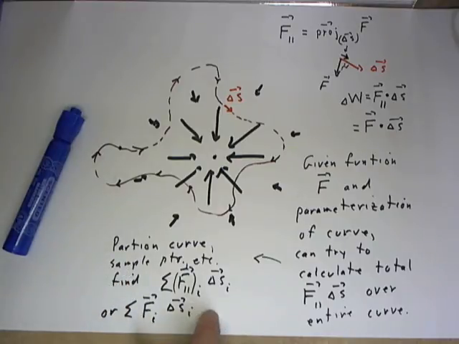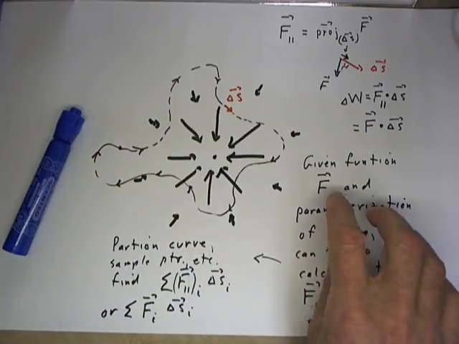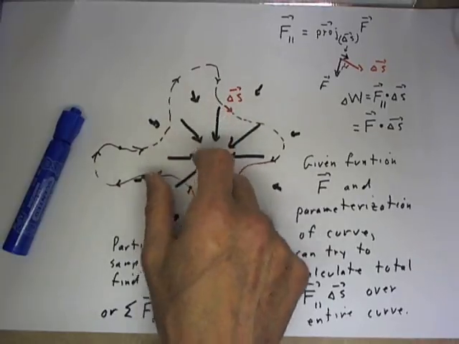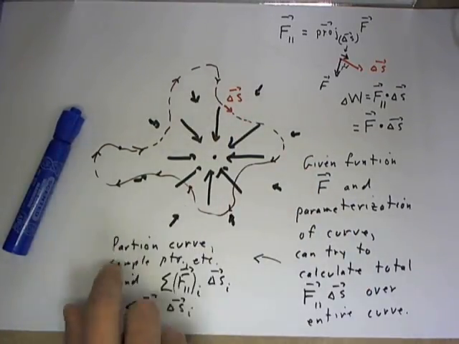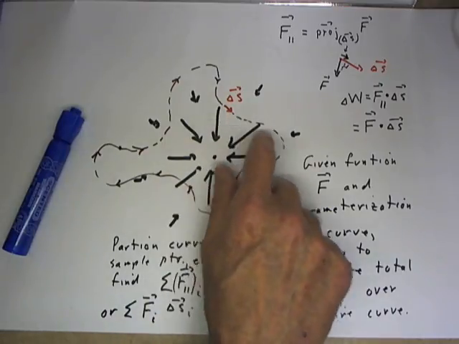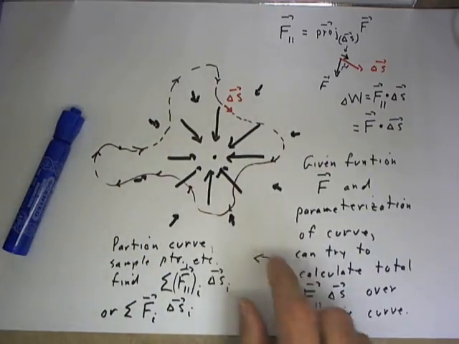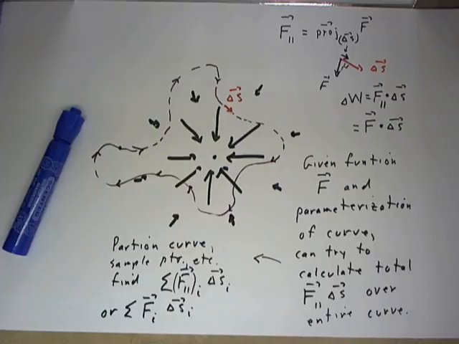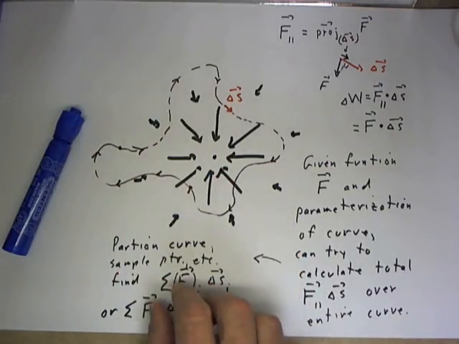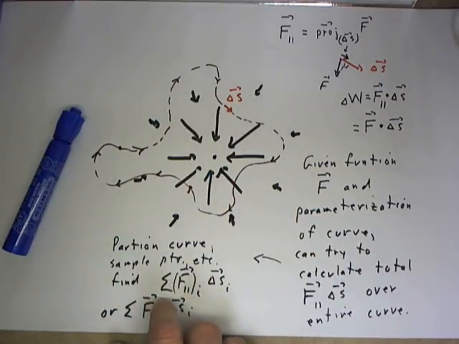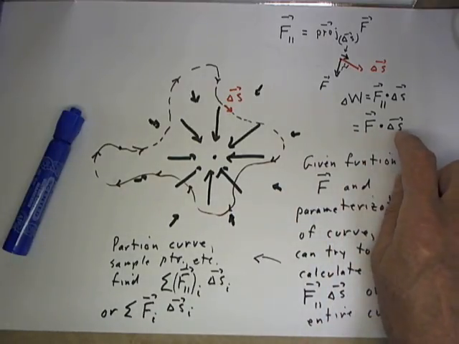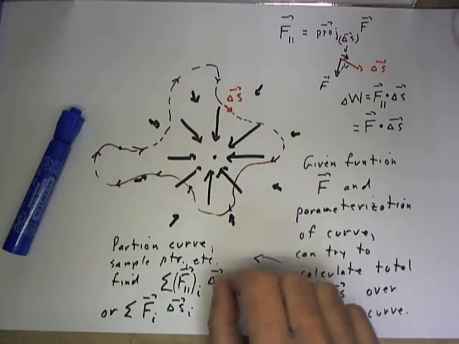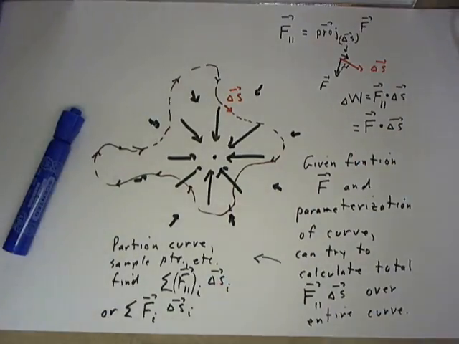Right now, we just want to think in terms of the concept of a function, a vector field, and a curve, and how we could calculate, say, work around that curve. And we would do that by a process of partitioning and using sample points, evaluating the function at the sample points, evaluating our delta S for the intervals of our parameterization, and so forth.